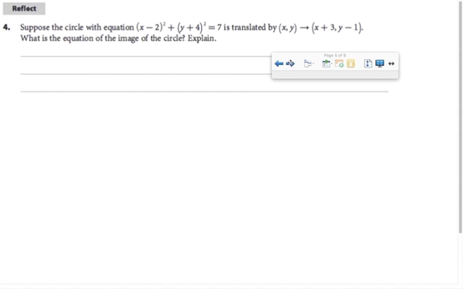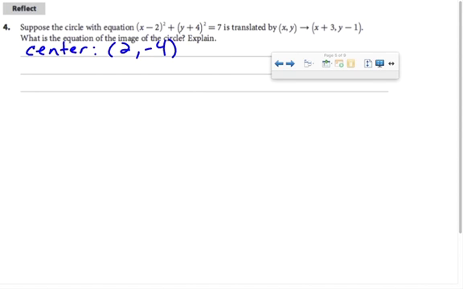Suppose the circle with this equation is translated by using this rule. What would be the equation of the image of the circle? Well, the translation isn't going to change the size of the circle, so I know the right side of the equation isn't going to change. On the left side, the center of my given circle is 2, negative 4.